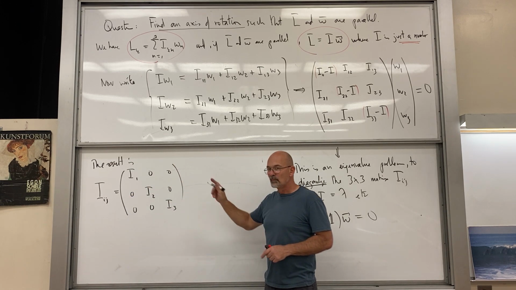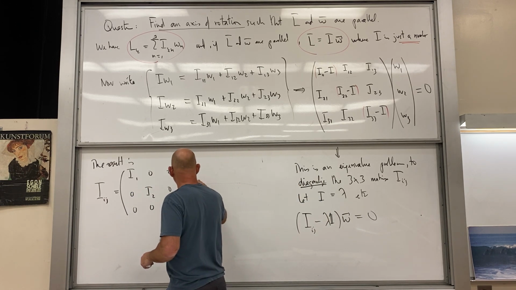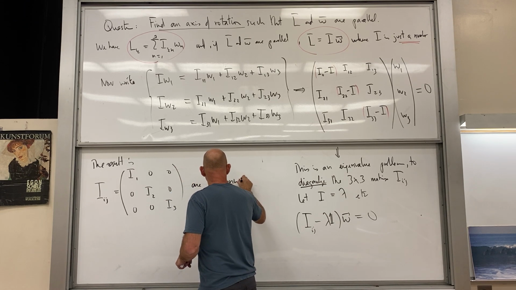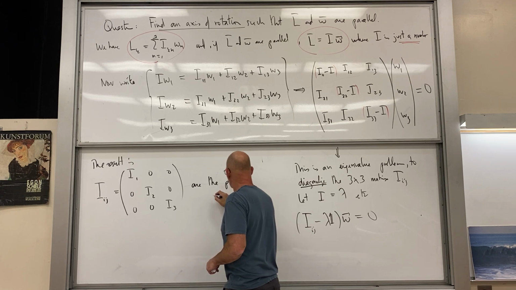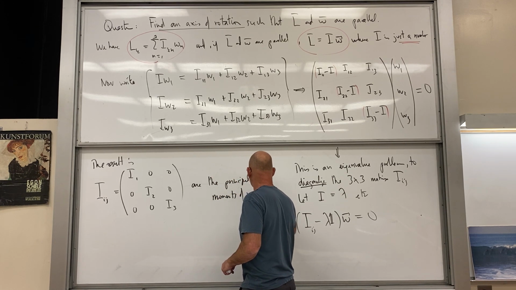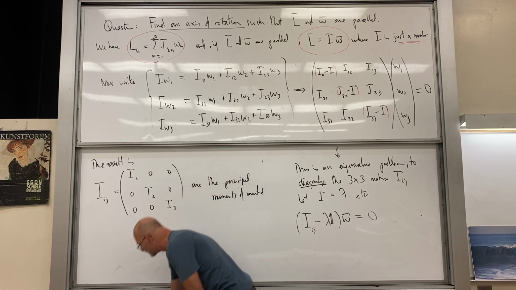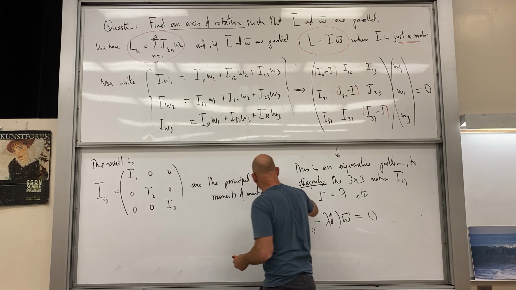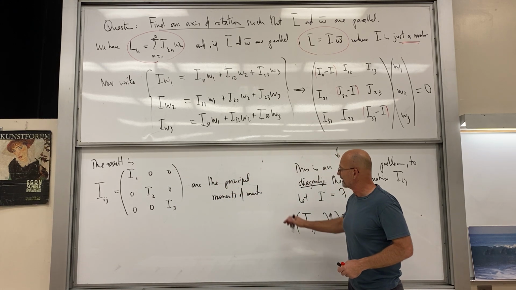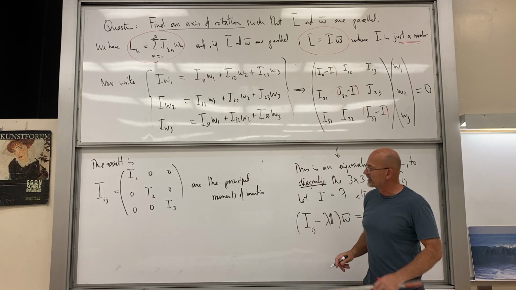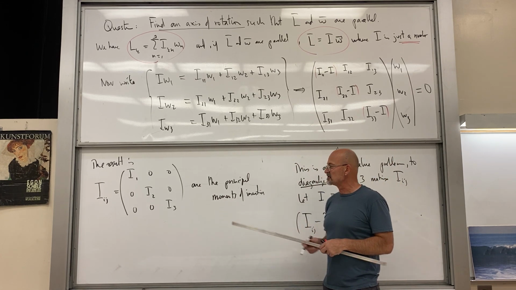Those are the principal moments of inertia. So the inertial tensor has been diagonalized. The eigenvectors will be the corresponding axes of rotation.